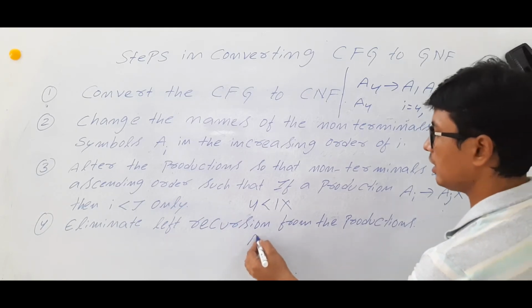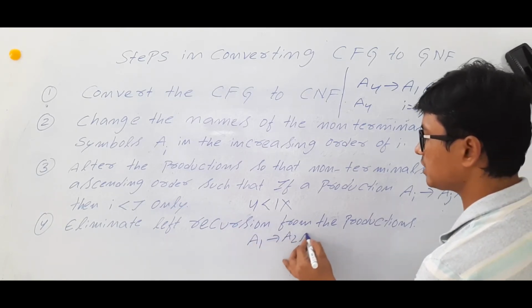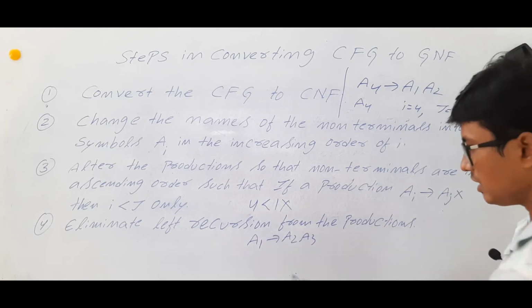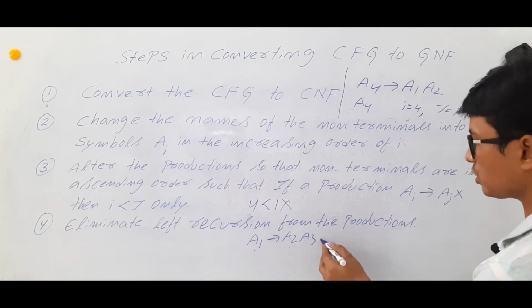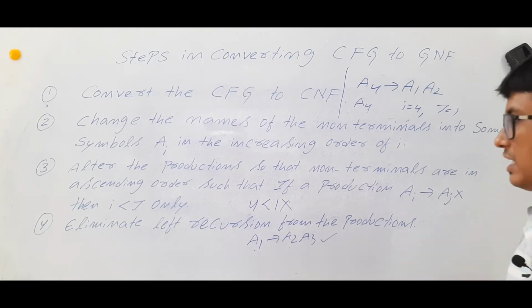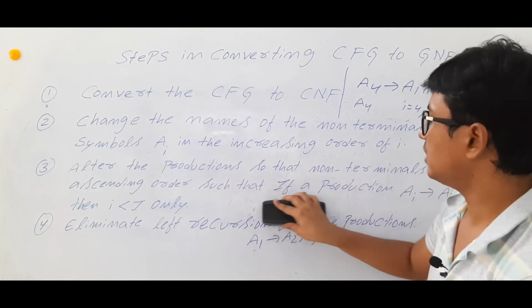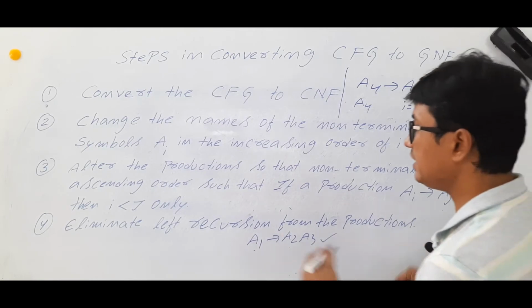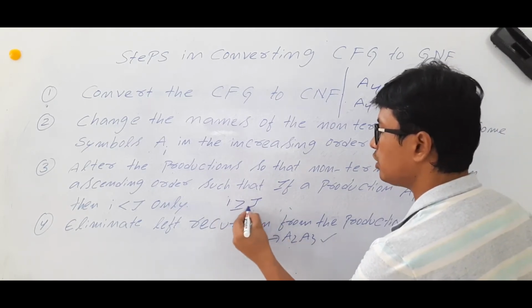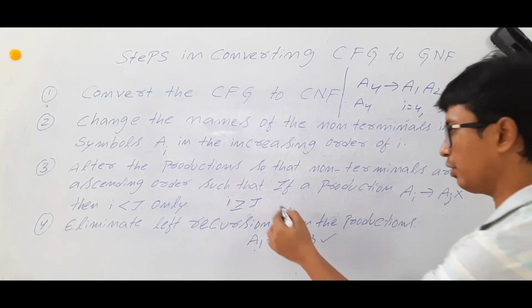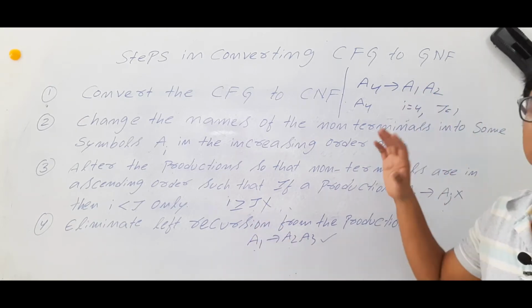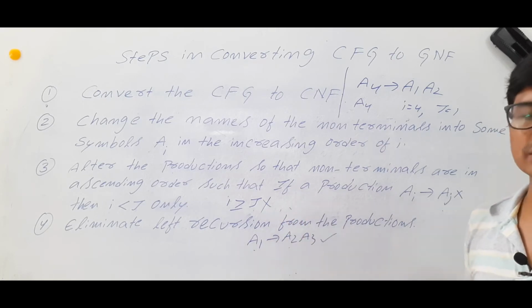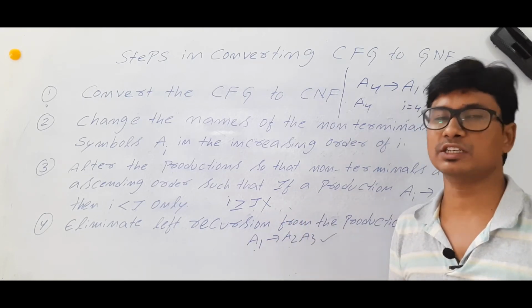Let's take that A1 determines A2 A3 is some production you got. Then i is less than j, so it is okay. If i is greater than or equal to j, then it is not allowed. If so, you have to arrange the productions in such a way that this case is avoided. How we will do it, we will discuss with an example. Don't worry.